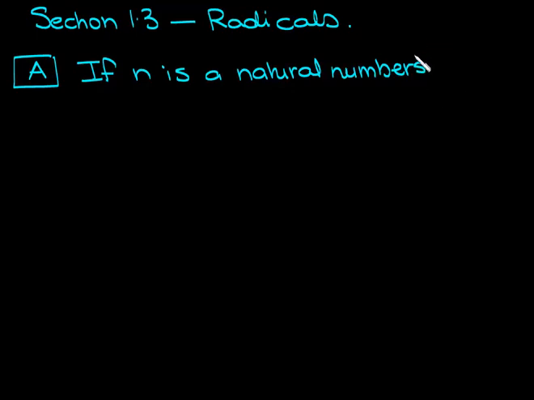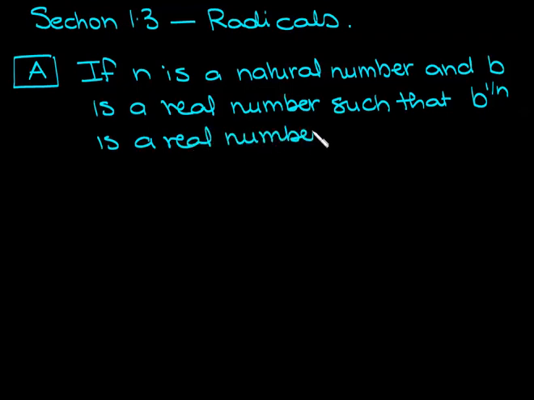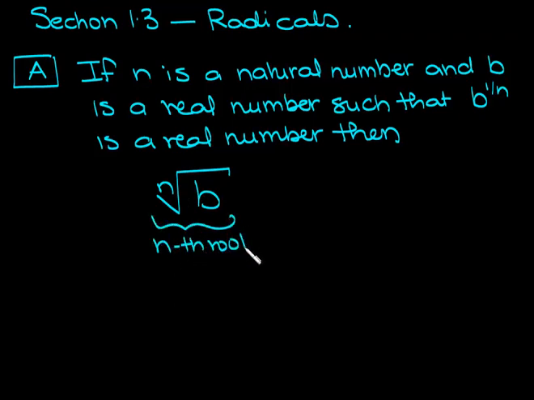If n is a natural number, and b is a real number such that b raised to 1 over n is a real number, then the nth root of b, so we read this as the nth root of b, is equal to b raised to 1 over n.